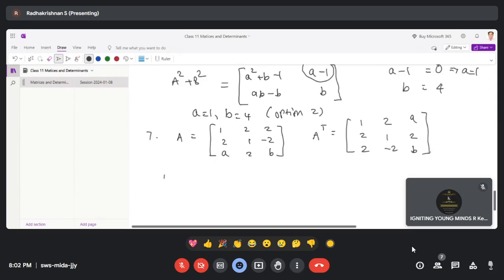And what is A into A transpose? The given condition is A into A transpose is equal to 9i. That means it is given as 9i, it's a scalar matrix.